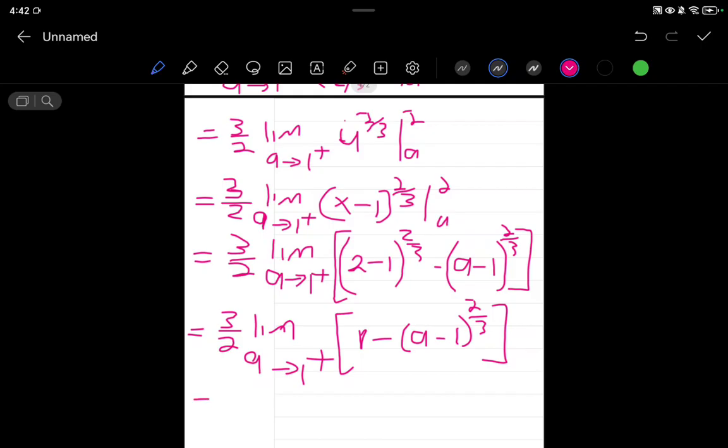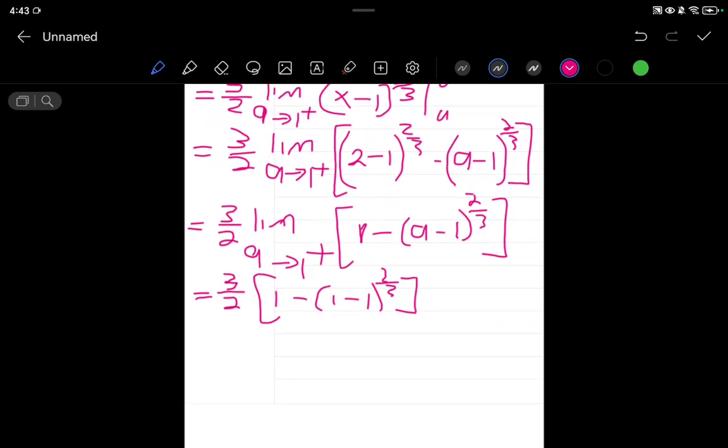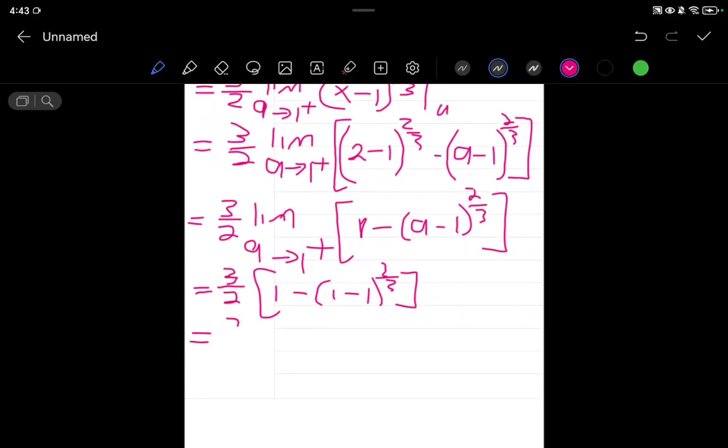Then if I come back and plug in my limit, I'll have 1 minus 1 to the 2 over 3. And then this would be 3 over 2 times 1 minus 0, which is 3 over 2. So we get this. Is there anyone with a question?